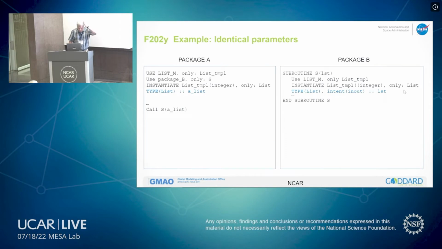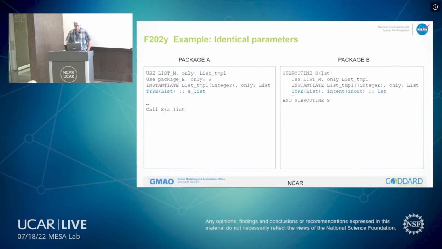Let's see. Just to emphasize again why we want identical parameters to produce identical types with the same template: suppose I've got two packages that both want to use this template for list that I provided a moment ago. Package A instantiates it for integers and declares some variable. Then it says, oh, package B over here also uses integer lists to do interesting things, using that same template, so I'd like to pass my thing to it.